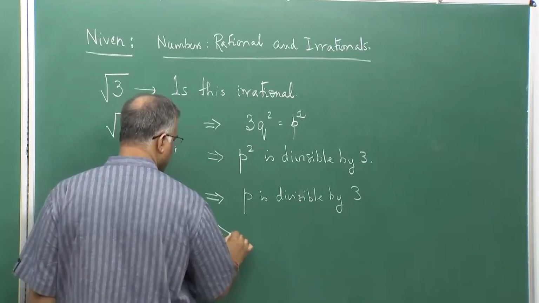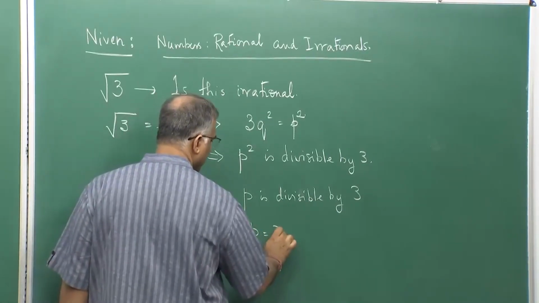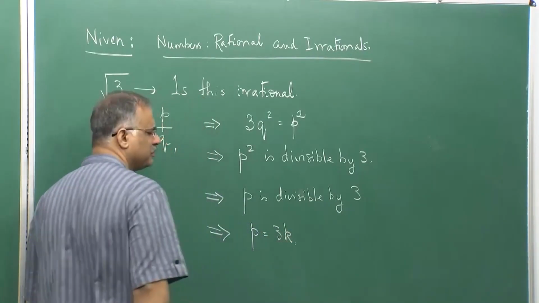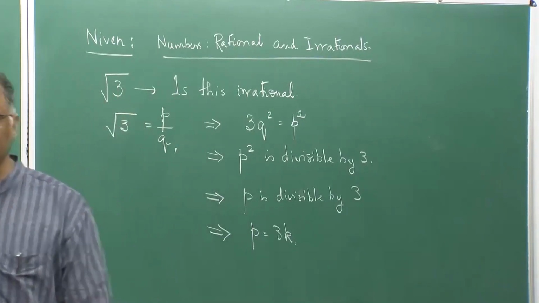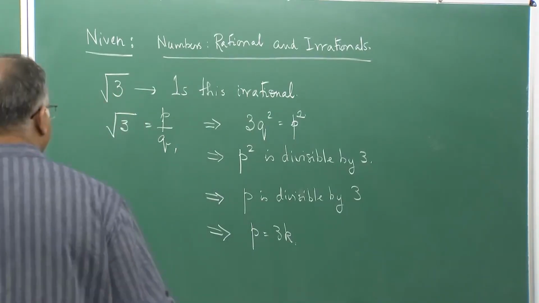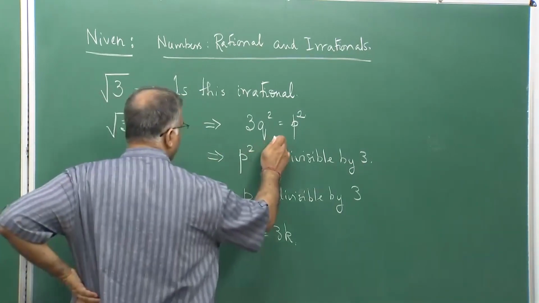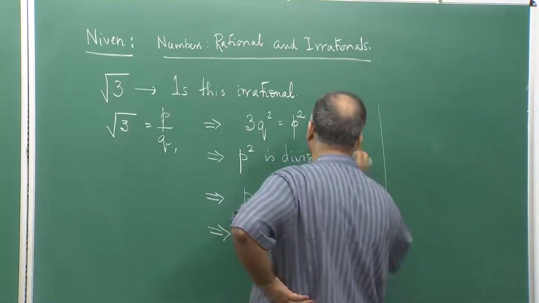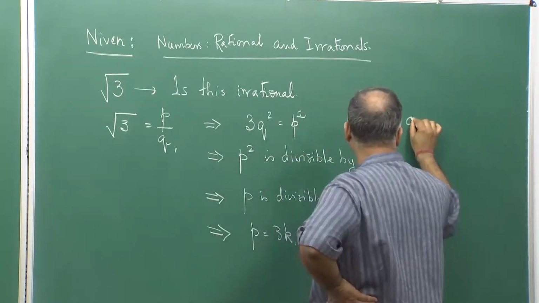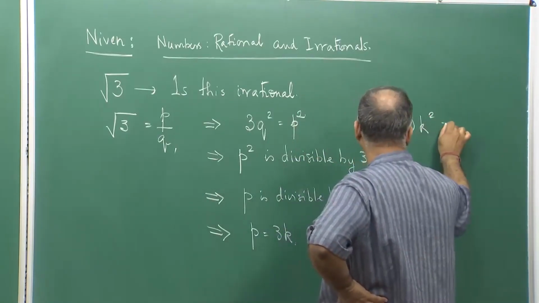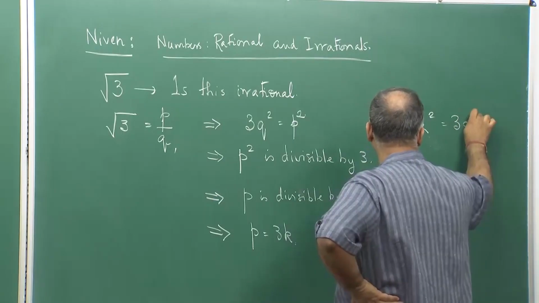So, that implies that P can be expressed as 3 times some K, say. Here 3 is the quotient when you divide P by 3. So, if I put this in this equation, you will have 9 K square is 3 Q square.